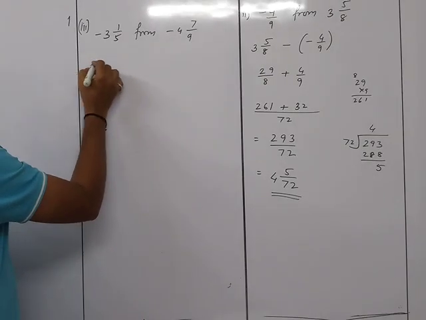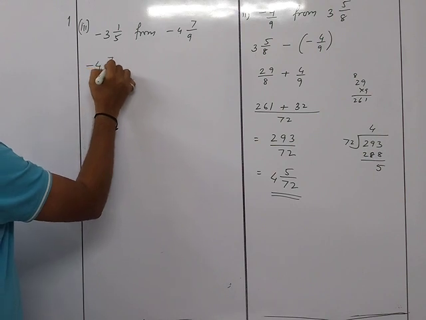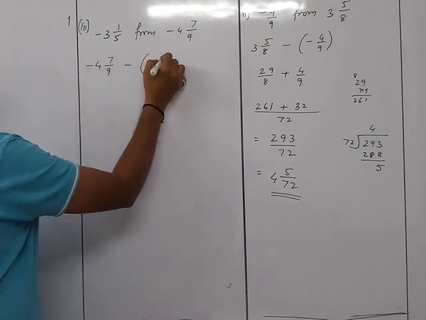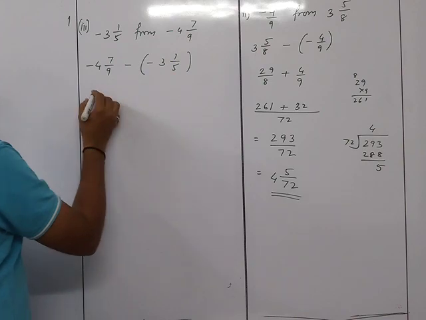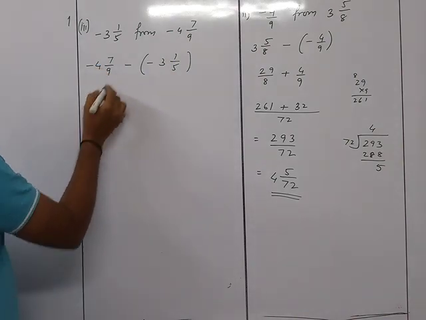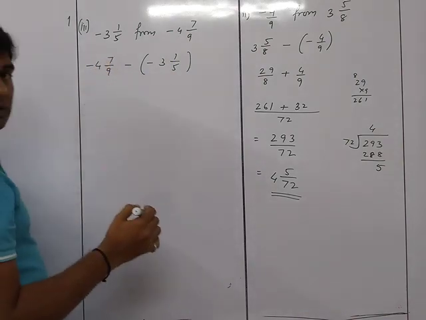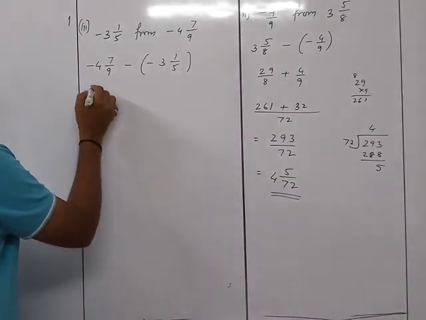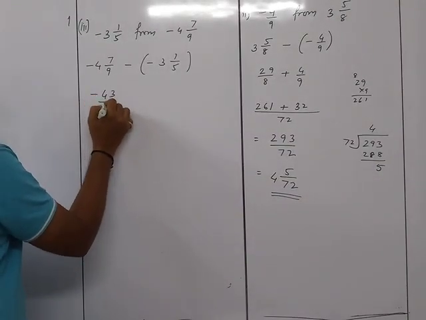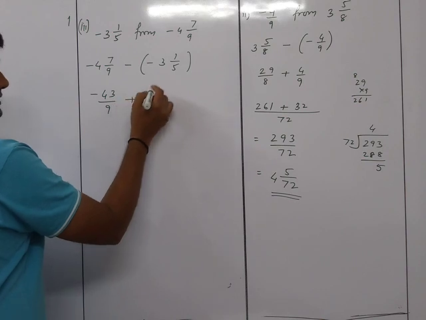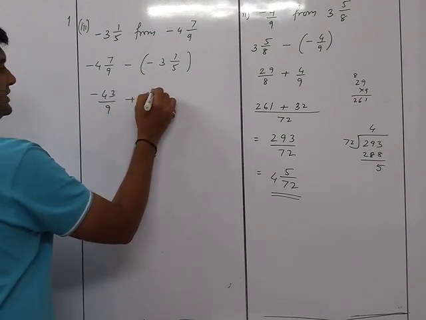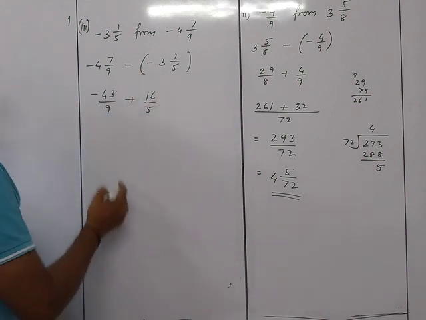That will give me minus 4, 7 upon 9 minus of minus 3, 1 upon 5. That gives me 36 plus 7 is 43. So minus 43 upon 9 plus, because minus minus is plus, 16 upon 5.